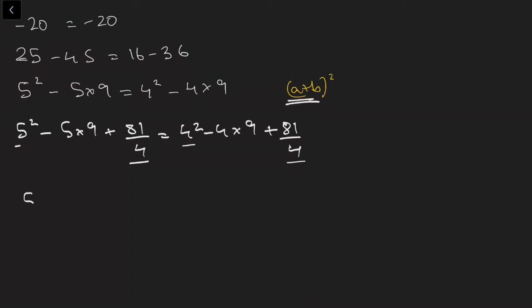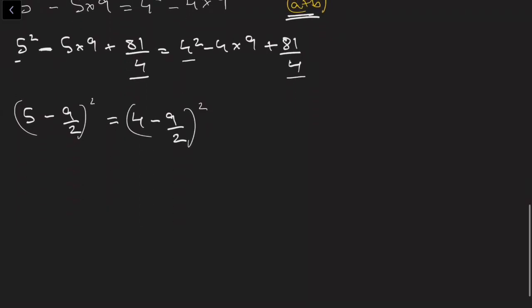So that's going to be 5 minus 9 by 2 the whole square, because you've got a minus 2ab over here, is going to be equal to, sorry, 4 minus 9 by 2 the whole square.